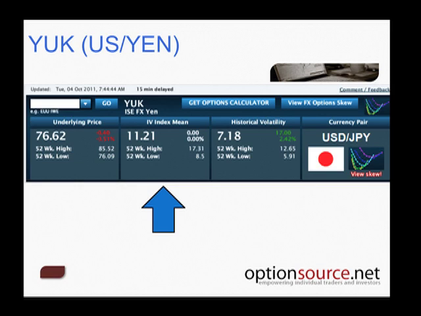If you think about the market maker as kind of like your insurance broker, because they have to take the opposite side of the trade, let's say there was a fairly significant number of call option buyers on the YUK.